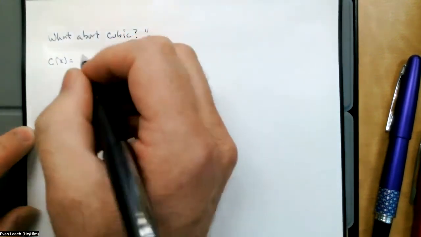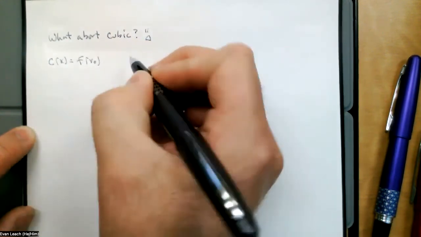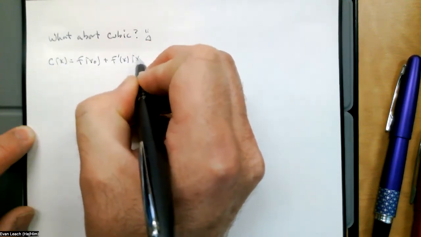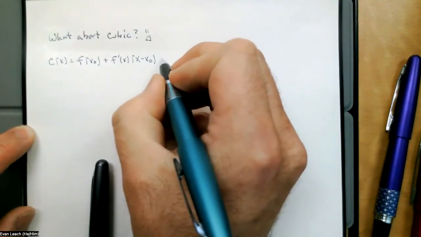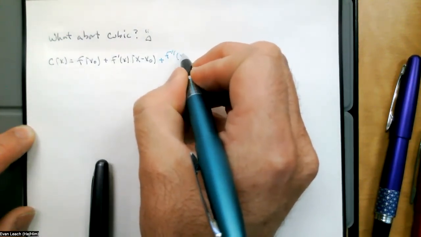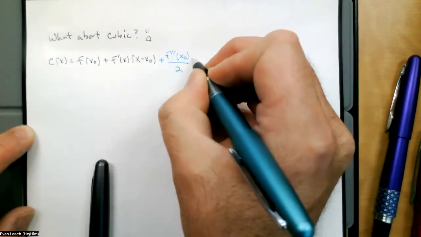So I'm going to start off with my linear approximation. We need another term for the quadratic approximation where I had to involve the second derivative at that point, but we had to divide by 2 from that derivative stuff.